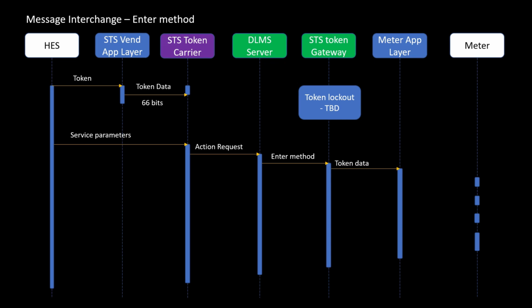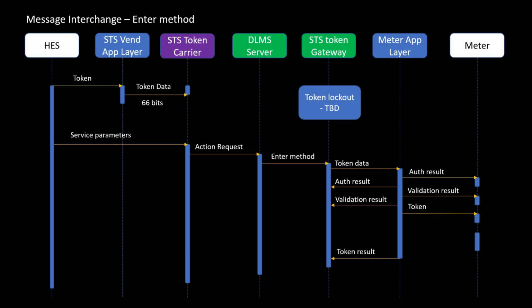The token data is then sent through to the meter application layer, and at this point you could get an authentication or validation result or both generated if it is an incorrect token and the token is not recognized by the meter application layer. If it is, it goes through to the meter, and then the token along with the authentication and validation results go through.